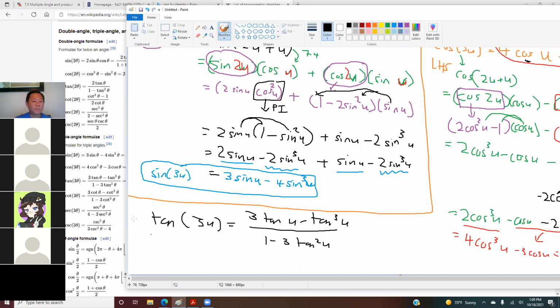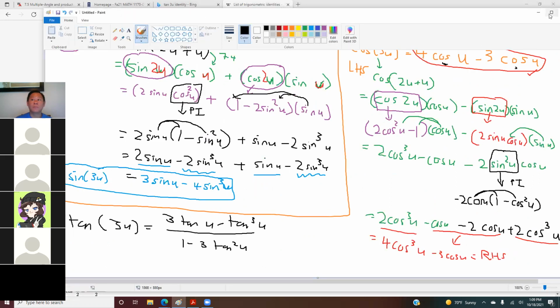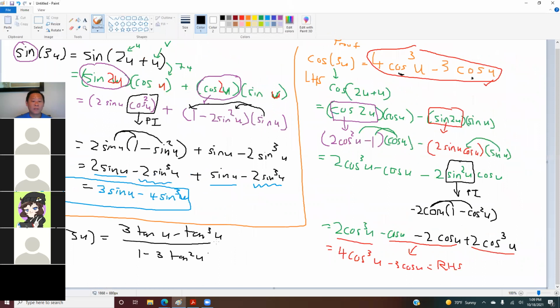You got to prove this one. Tangent 3u is 3 tangent u minus tangent cube u over 1 minus 3 tangent square u. So go home and do this on your own. Yep, this one is your homework.